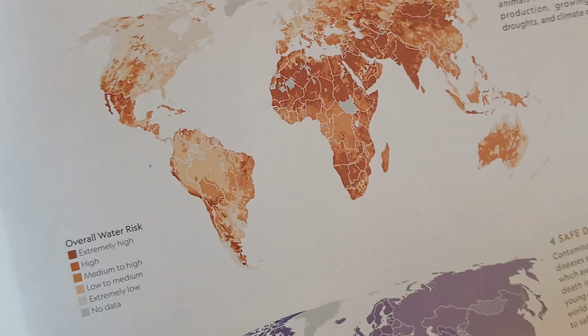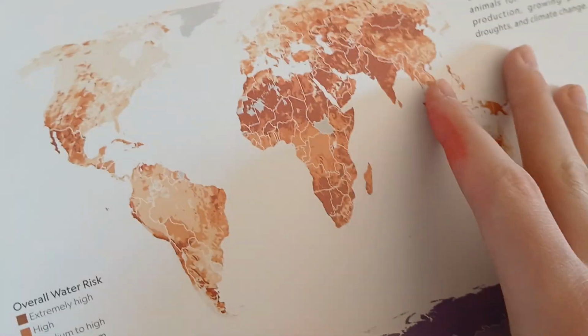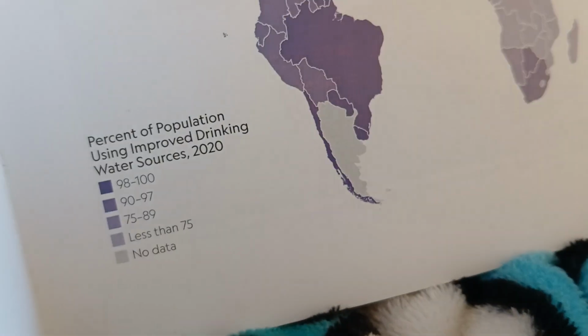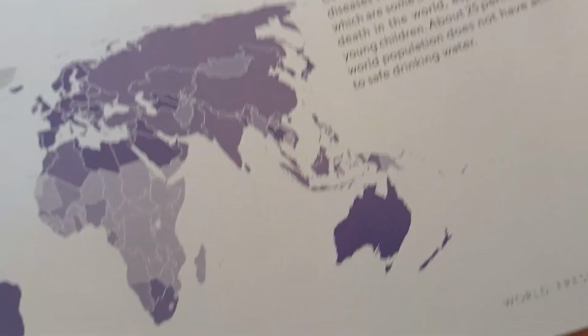Overall water risk. The darker is ones that need more water, that are at risk. This is percentages of population using drinking water. You can see the dark purple have access to water and the lighter ones don't.